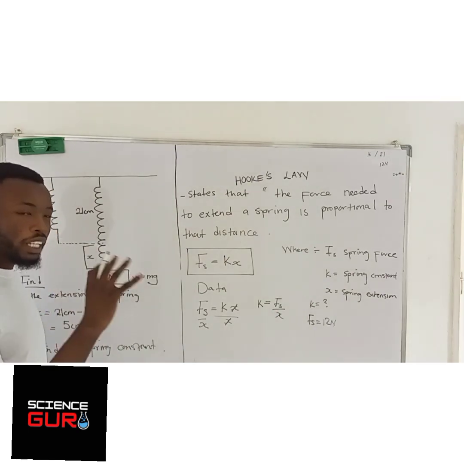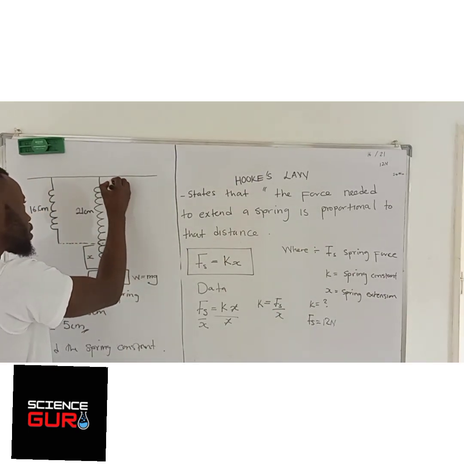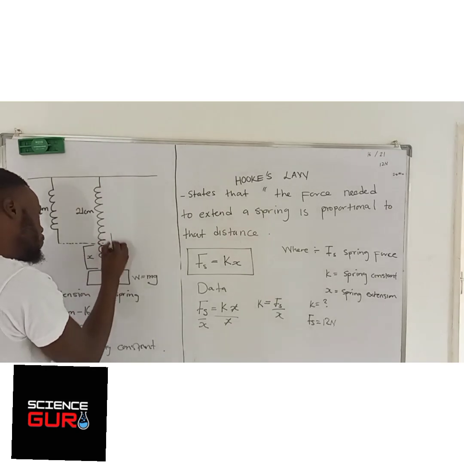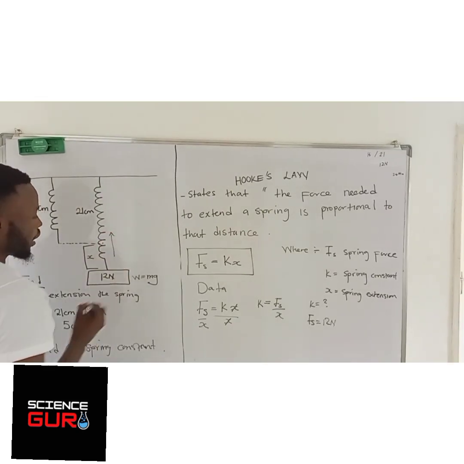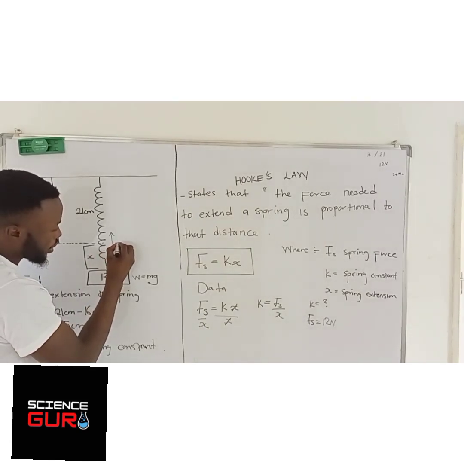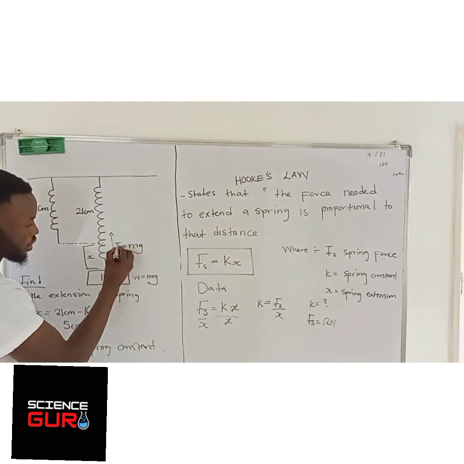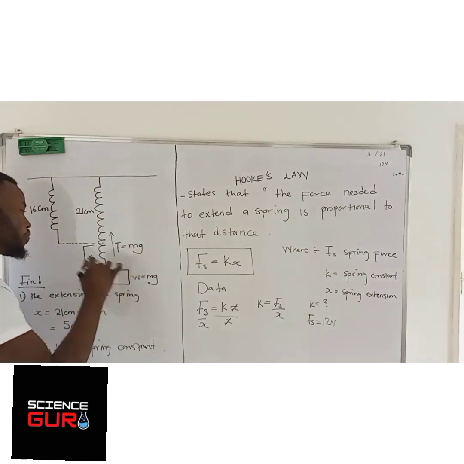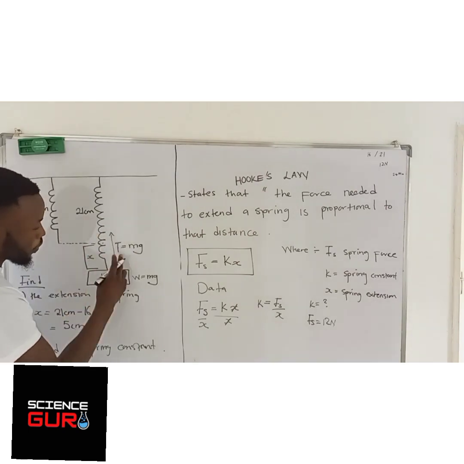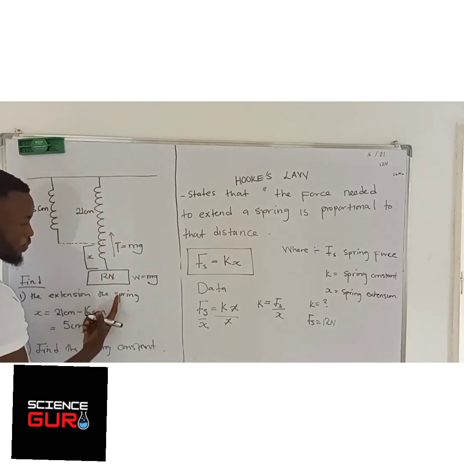For a spring in equilibrium, the tension force acts on the other side, in the opposite direction of the force.